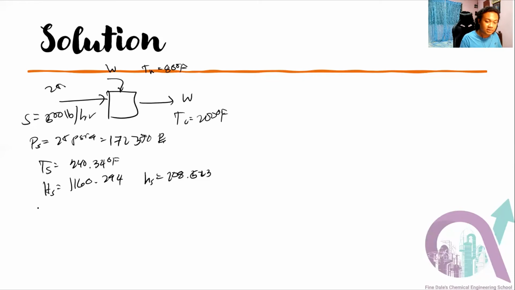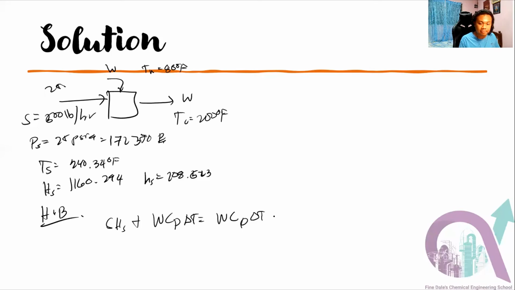Okay, so you have now your heat balance. You have S HS plus W CP delta T. So this is the heat balance that I got. I don't know where I got this.